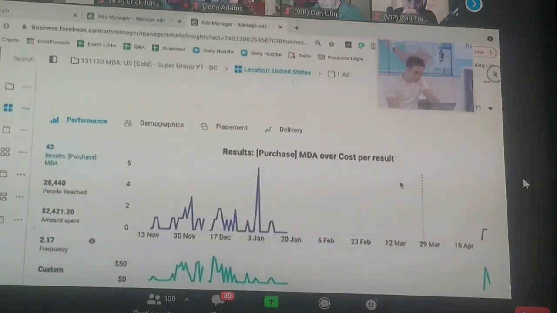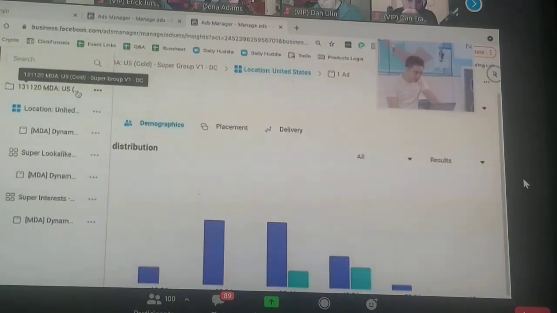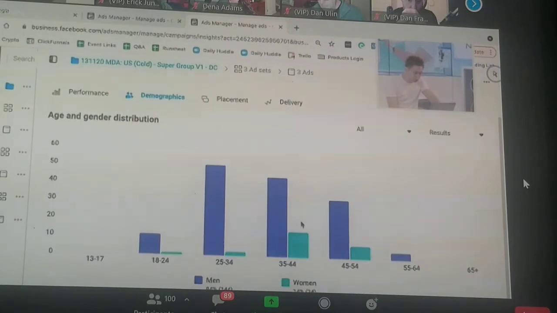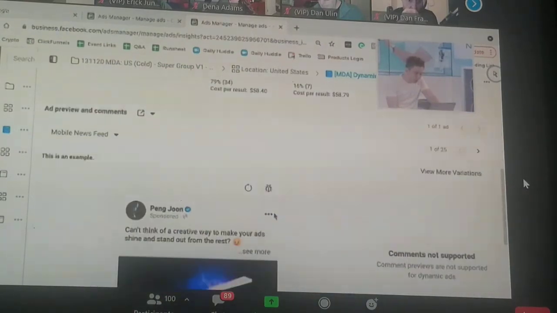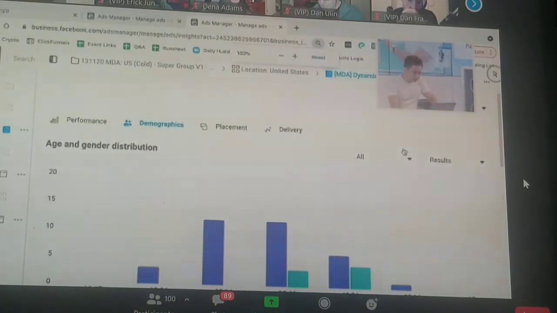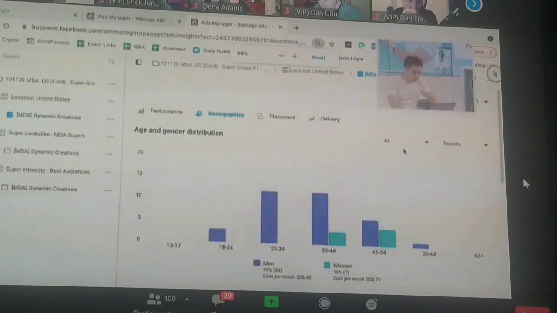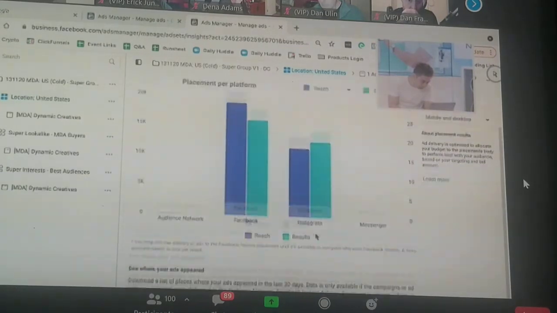If you take a look at this specific ad, let me show you how it looks together with the targeting. For example, this targeting over here, you will see that this location is United States.